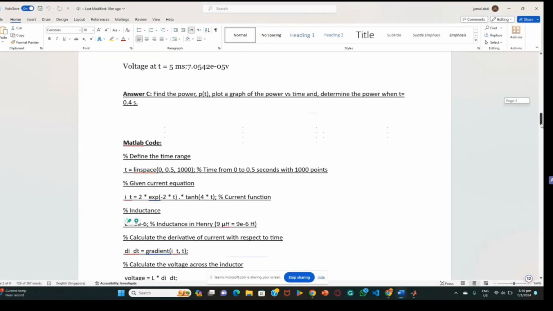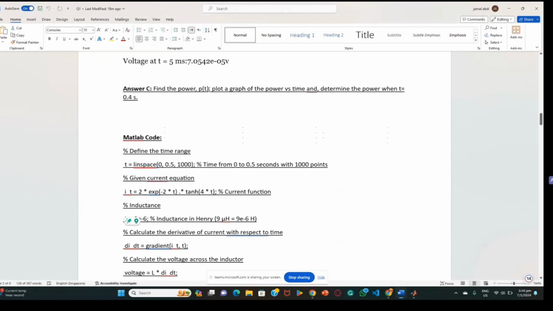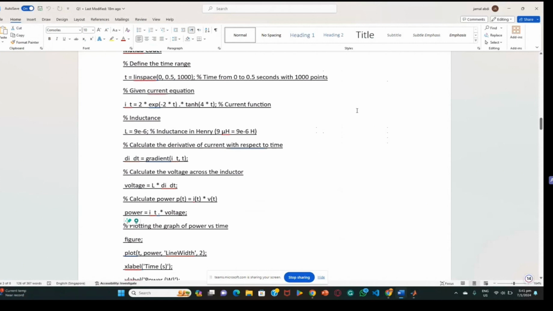And question C is find the power p(t), plot the graph of the power as a function of time, and determine the power when the time is 0.4 seconds. So this is the MATLAB code.